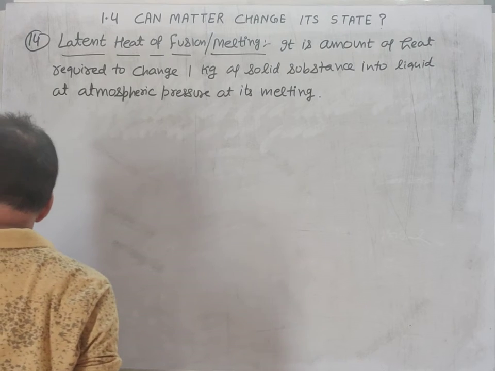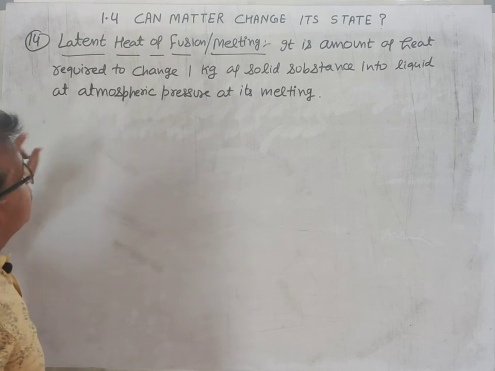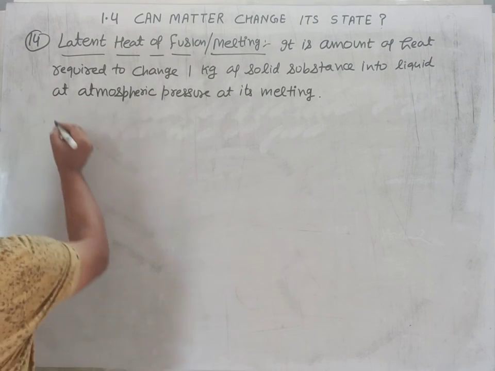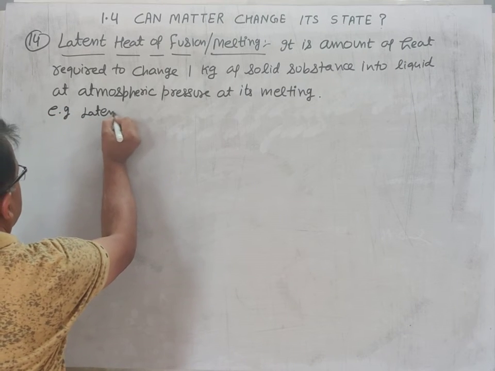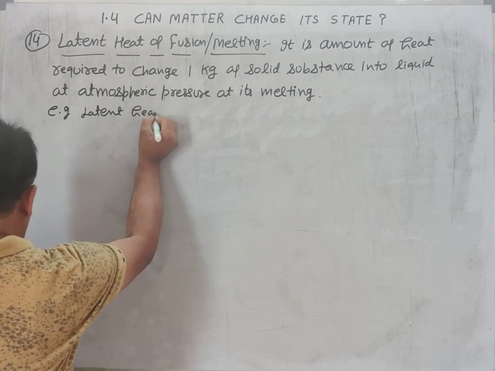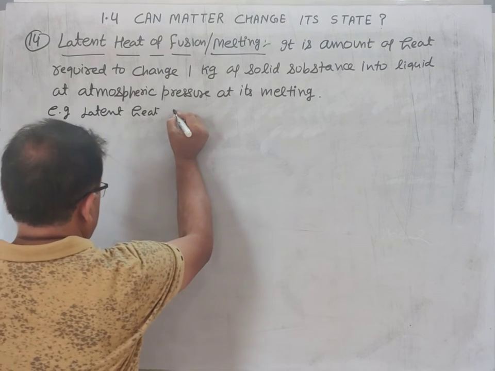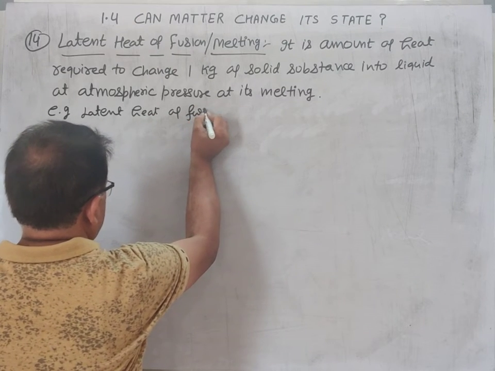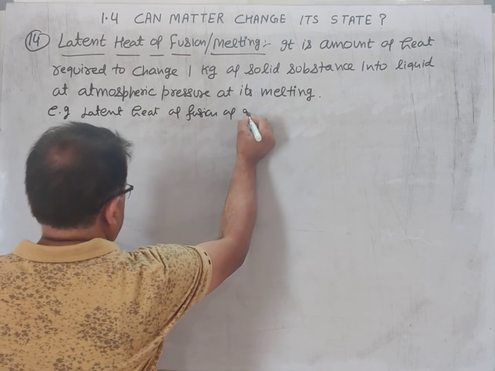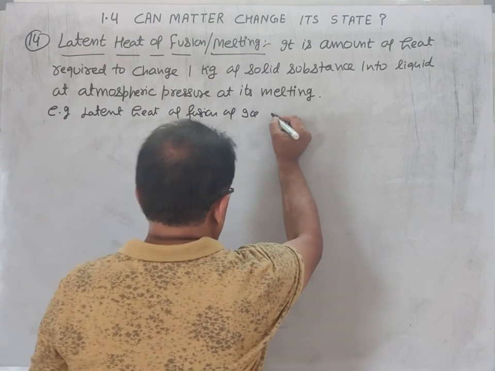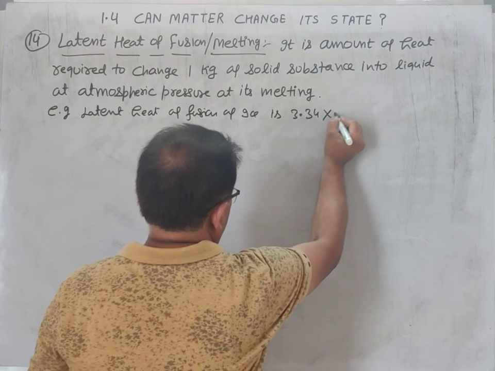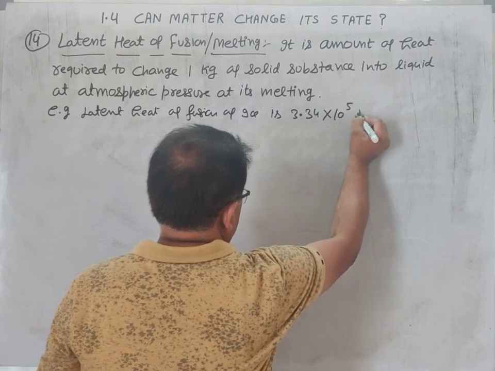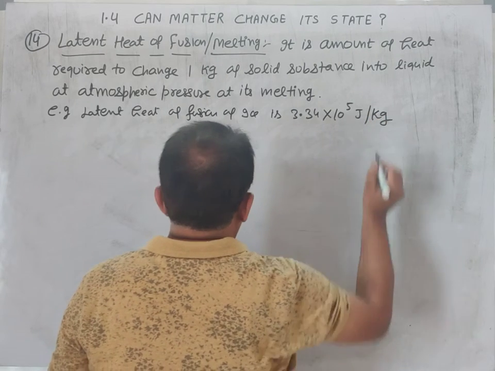Melting point means melting point of the solid. For example, latent heat of fusion of ice is 3.34 × 10^5 joule per kg.